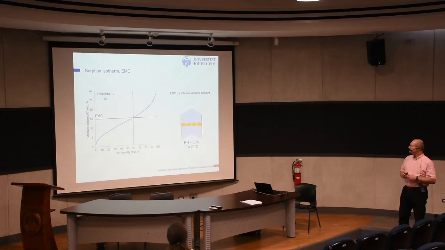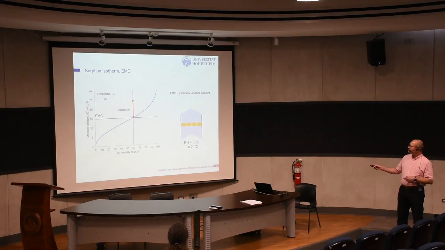That means if I'm sure that my air always has this condition here, then 15% would be sufficient. I'm on the safe side. I have here 60%. Okay. EMC, equilibrium moisture content. You remember, this is this one, being in equilibrium with those air conditions, also found here, 20 degree and 60% humidity.